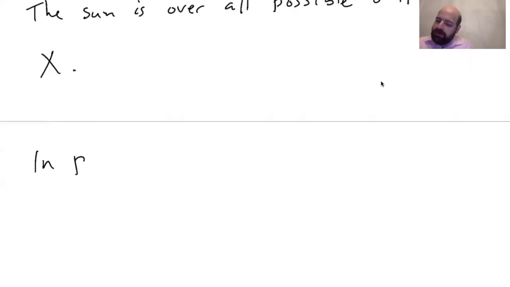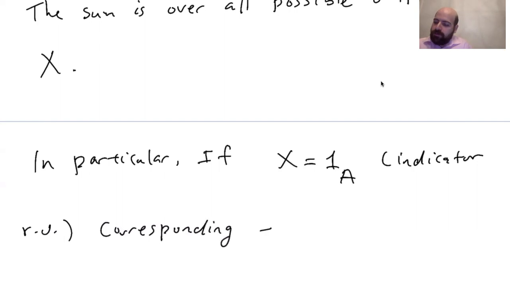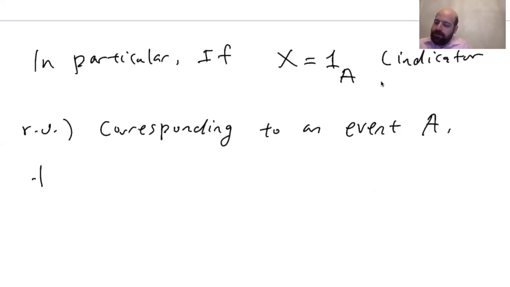So in particular, if capital X equals 1_A, the indicator random variable corresponding to an event A, then okay, I'm here setting capital X to be the indicator random variable corresponding to an event.